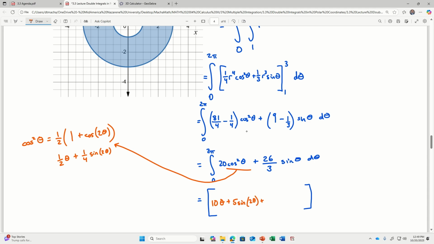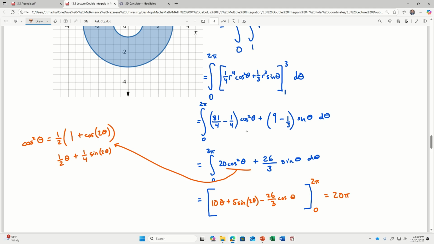And I've got 26 over 3 sine of theta. And we're evaluating all of that. Oh, no, I didn't take the antiderivative yet. What's the antiderivative of sine? Negative cosine. And the bounds are 0 and 2 pi. So for the first term where it's 10 theta, that's going to be 10 times 2 pi, 20 pi.